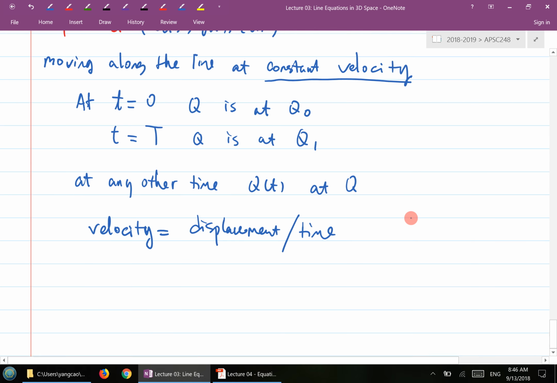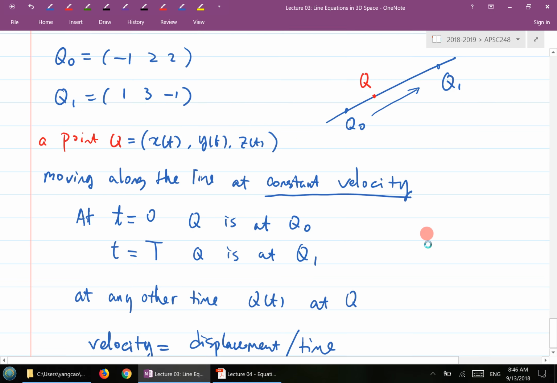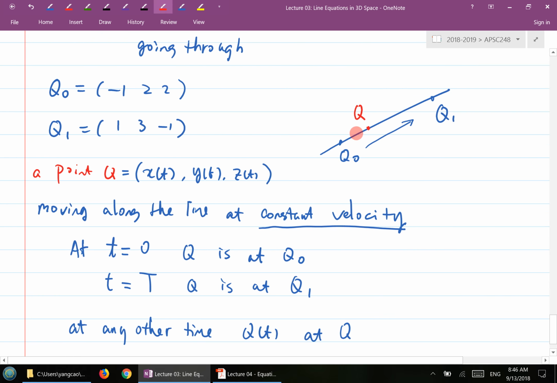Then I'll pick a vector now. So I'm going to pick a vector from Q0 to Q. Okay, that's one vector, Q0 to Q. And I'll also pick another vector from Q0 to Q1. Okay, so I've created two vectors based on the two given conditions.